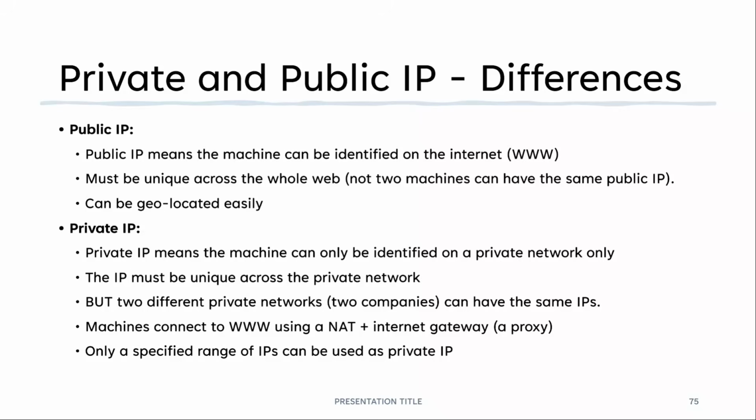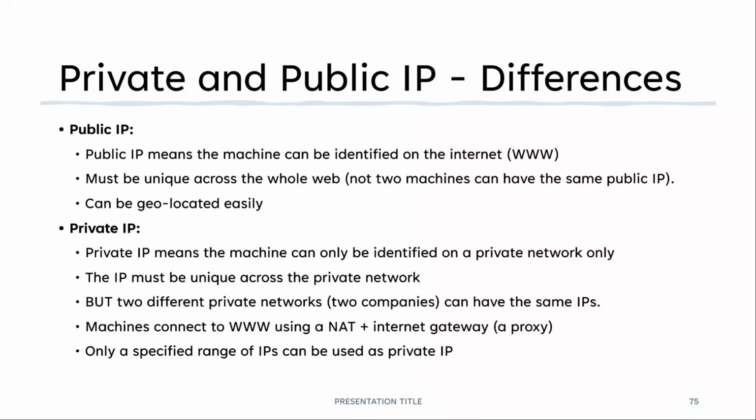If a particular company has IPs in a particular IPv4 CIDR range, another company with their own network can have the same CIDR range allocated to their own private network. It is possible because both cannot communicate with each other and both are not publicly available.